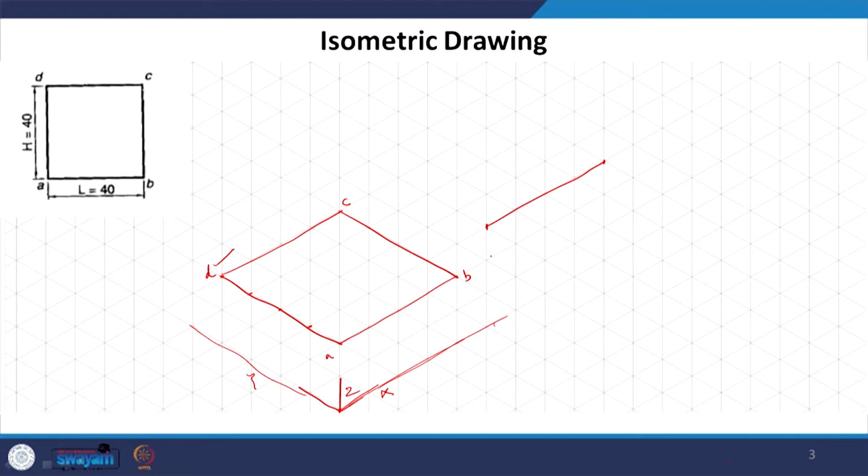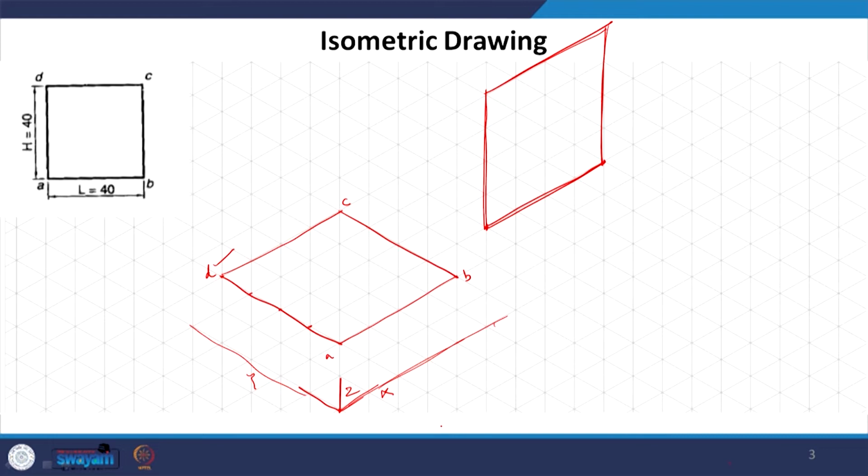If it is parallel to xz, we will have these lines being parallel to either x or z. The plane is vertical, we have kept it vertical to xy. So we will have two vertical lines, which is what we see here, and two edges which are parallel to x.